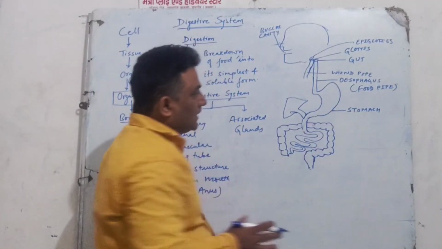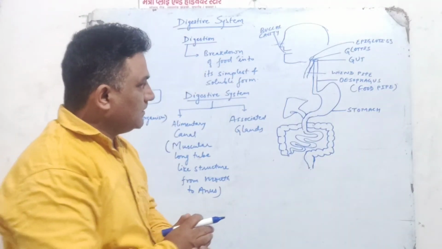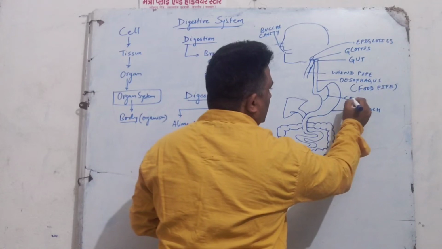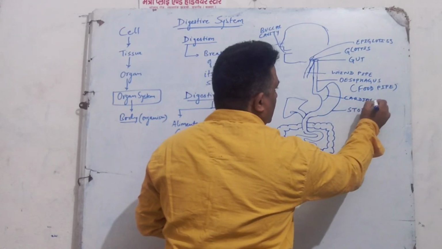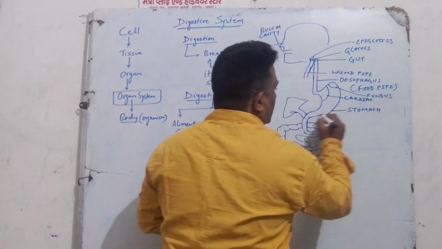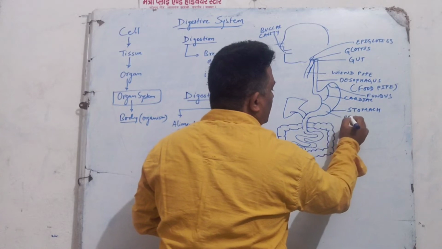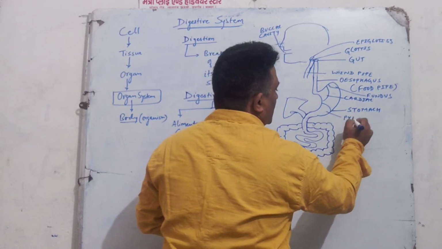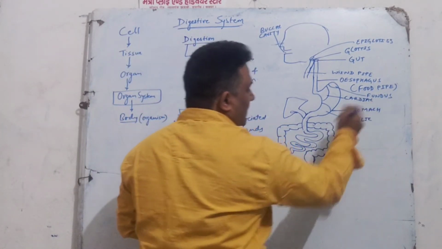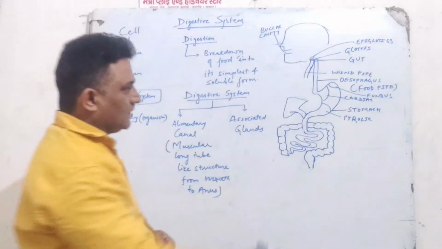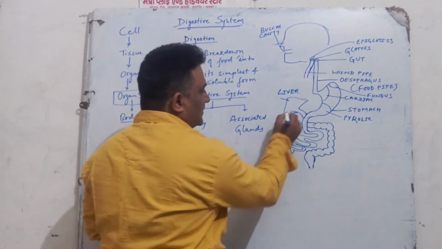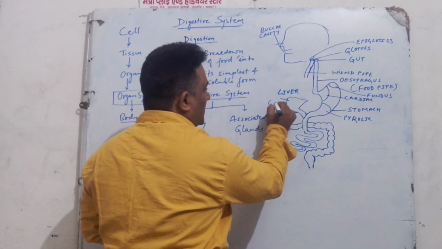If we divide the stomach, it is actually divided into three parts: cardiac, this portion is fundus, and this portion is pyloric. All these three constitute the stomach. This is the liver. This is the gallbladder.